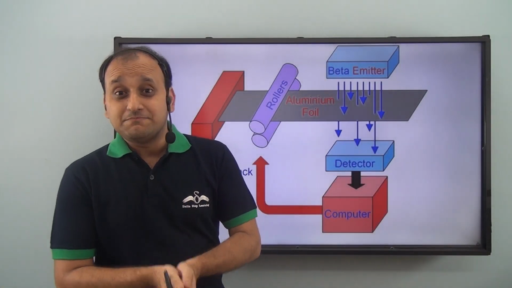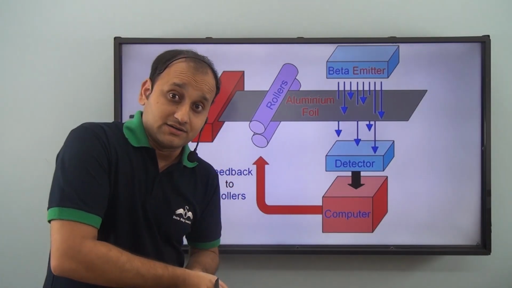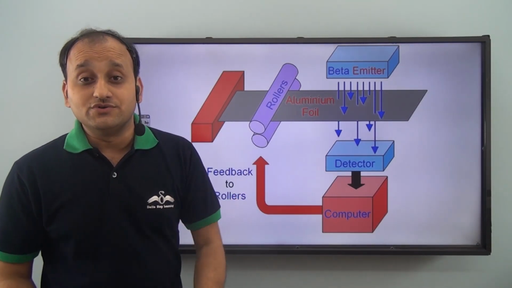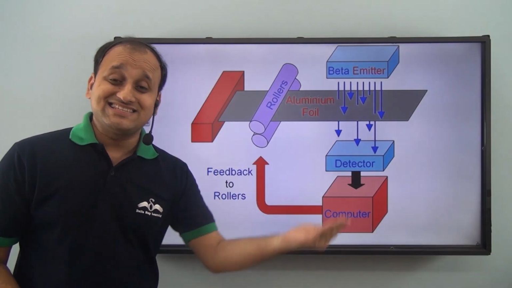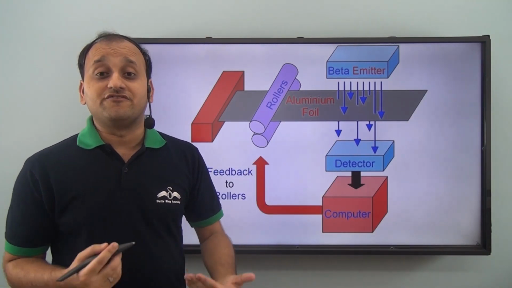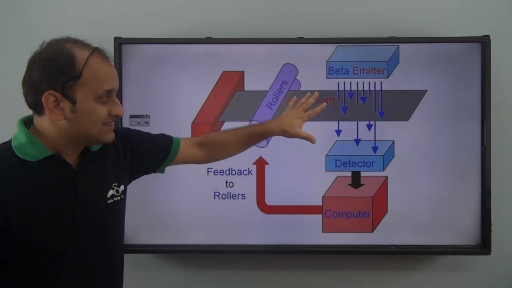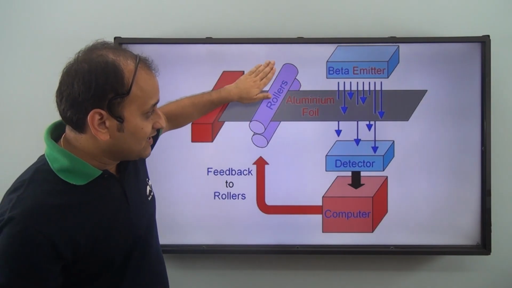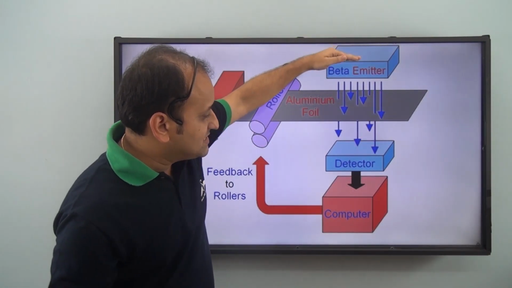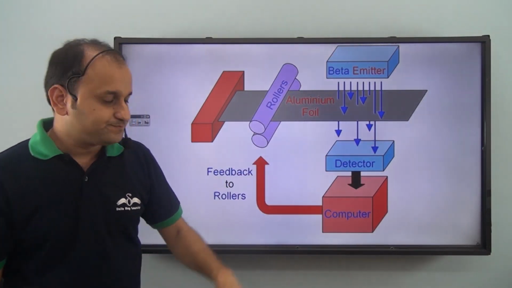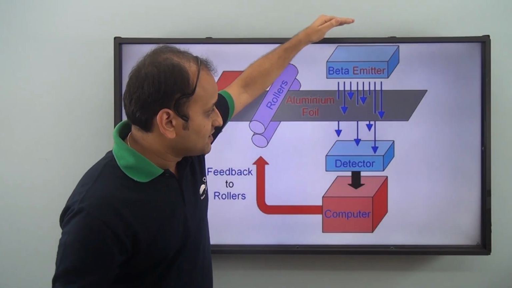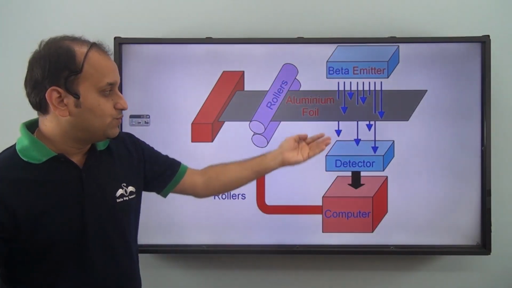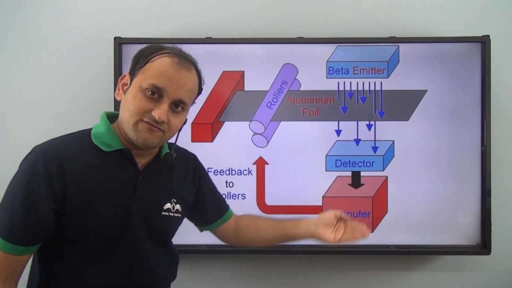Now this penetration power of beta particles is used in producing metal sheets and paper sheets of different thickness. In this case, aluminum foil is passing between the beta emitter and the detector, and the beta emitter emits beta particles which pass through the aluminum foil.